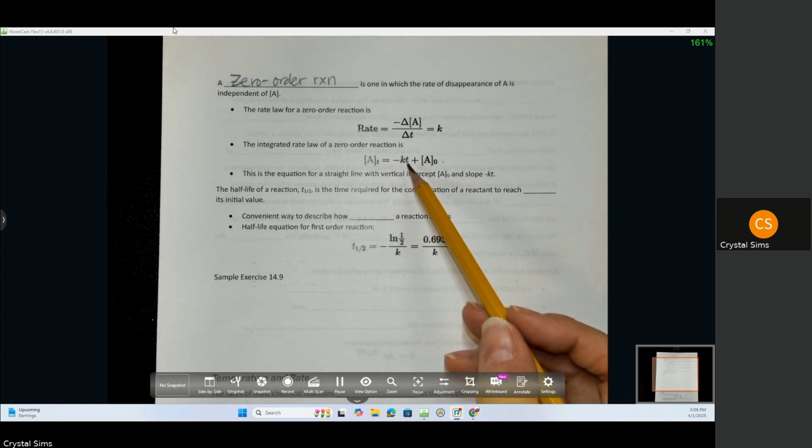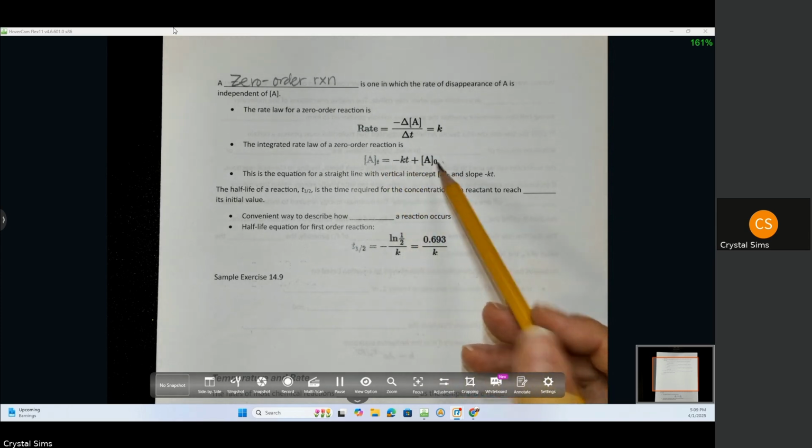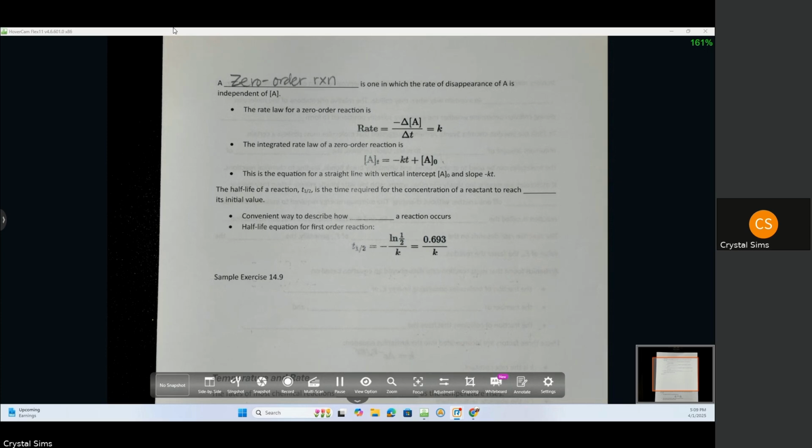We still have the same 4 components here, but now we don't have any fractions, we don't have any natural logs, and this is going to be an equation for a straight line with a vertical intercept of our initial concentration and slope negative kt.